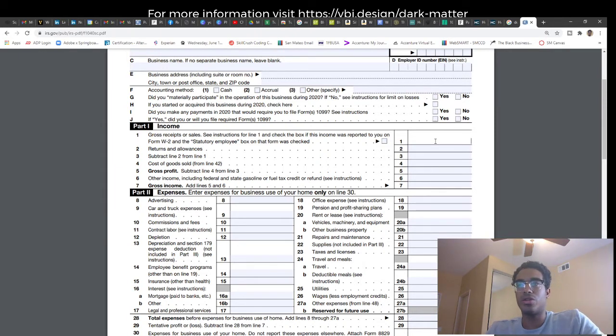So they don't really consider you an employee, which is why you wouldn't get paid with a W-2 form, which means no taxes at all were withheld throughout the year. So you would put the entire amount of money that you made, gross receipts, over here, that are either listed on the form or that you just had as a cash balance.